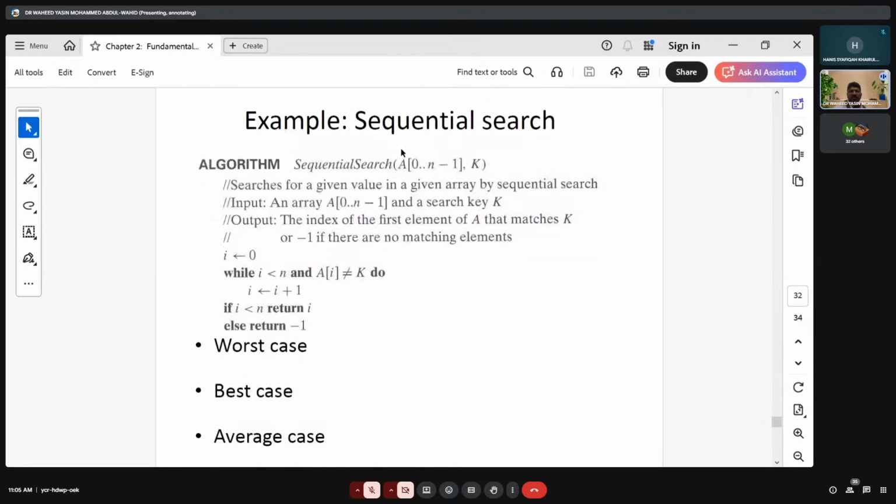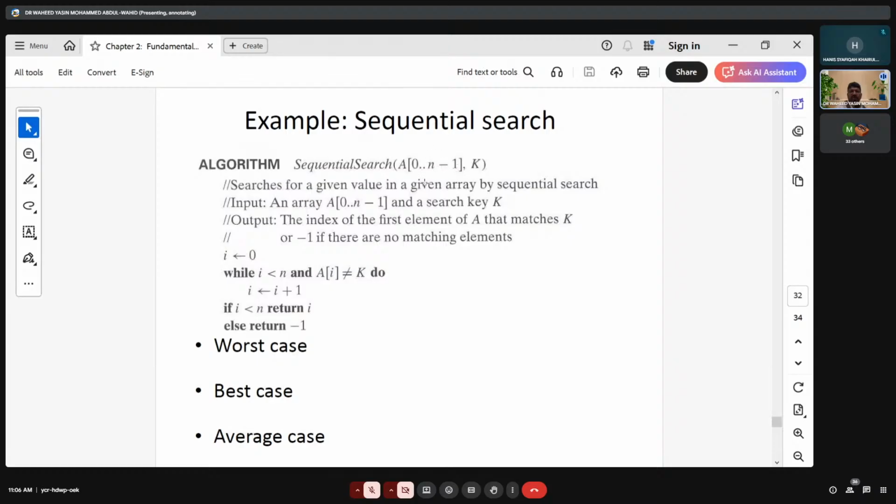Example, sequential search. Algorithm: sequential search, A[0..n-1], K. Search for a given value in a given array by sequential search. Input: an array A[0 to n minus 1] and a search key K. Output: the index of the first element of A that matches K. We need the index, for example 0, 1, 2, 3, 4.